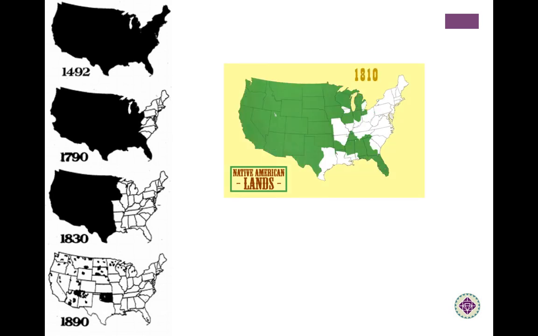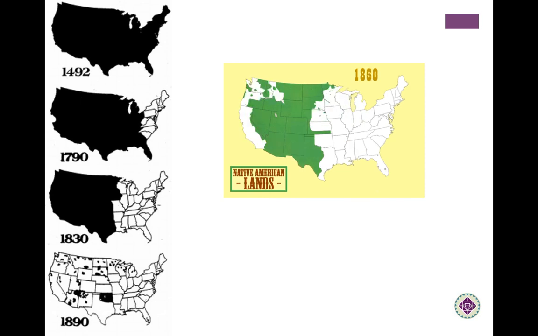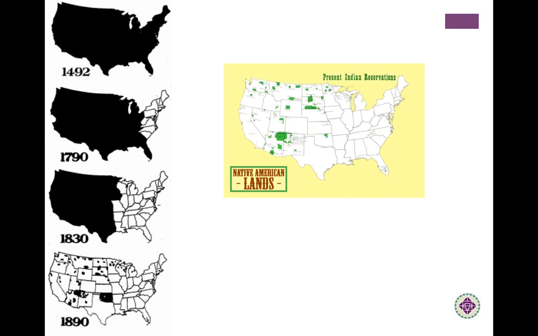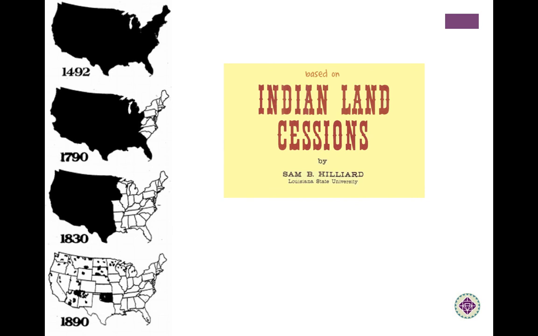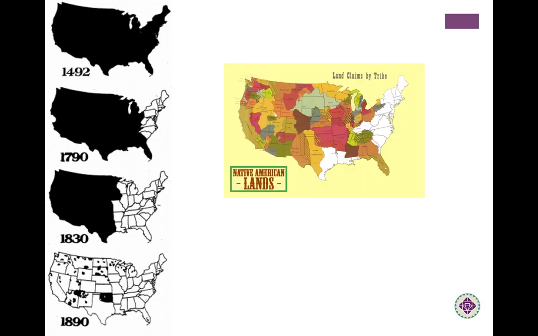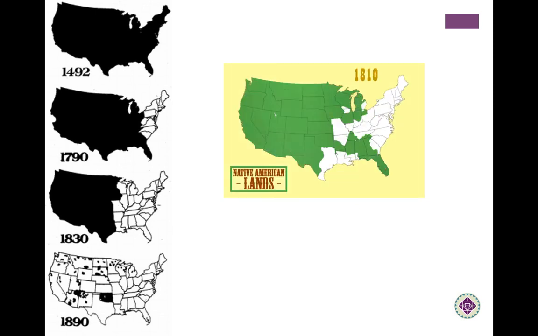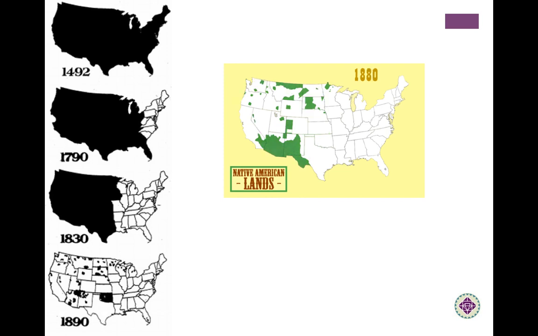So we see how this idea of borders develops from 1492 up to 1890. 1492 is that key date of the American quote-unquote discovery that Columbus was a big part of. And then we start seeing this expansion, and we'll talk more about this.